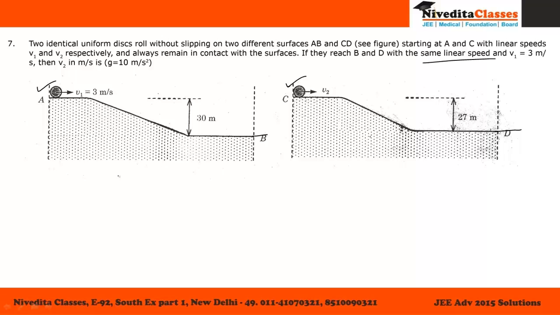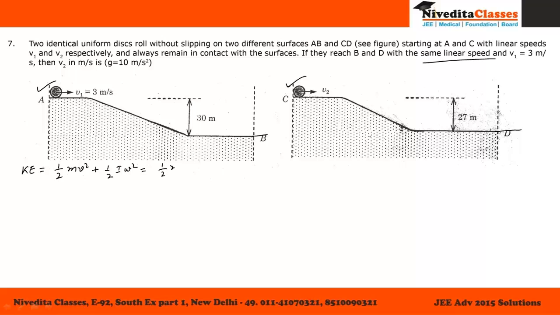As you know, for the rolling disk, the kinetic energy will be the sum of translational kinetic energy plus its rotational kinetic energy, which is half mv square plus half I omega square. Now let's convert this I and omega in terms of m and v.